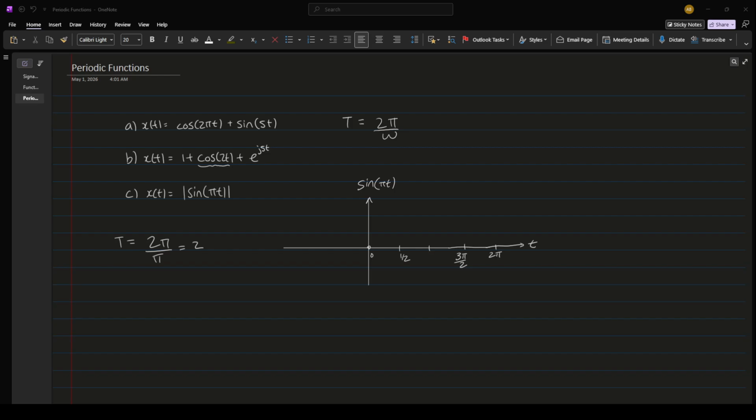So here we're going to have 1 over 2, 1, 3 over 2, and 2 pi, and 2. So here we have it like this, then it goes to 0, then it goes to -1, back to 0.